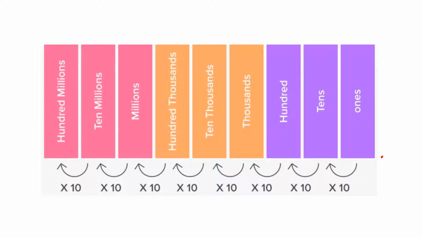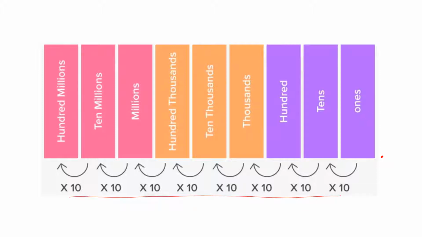But we have ones, tens, hundreds, thousands, 10,000s, 100,000s, and so forth. Now, the base 10 tells us that's what we regroup. If we have 10 ones, it goes into the tens. If we have 10 tens, it goes into the hundreds. So each of these is a multiple of 10 of the place before it.